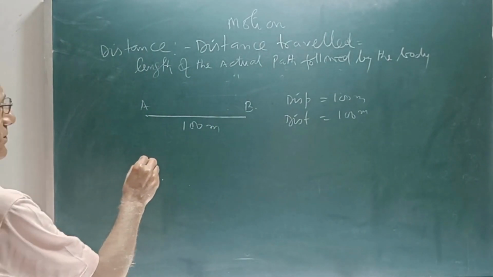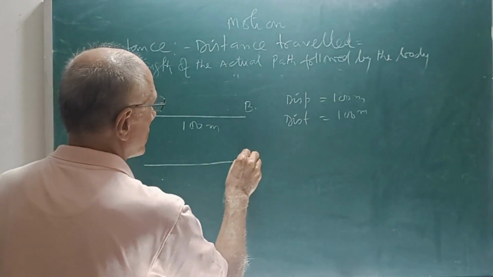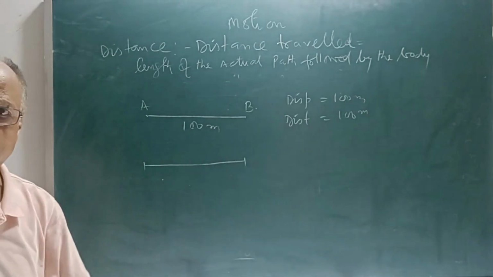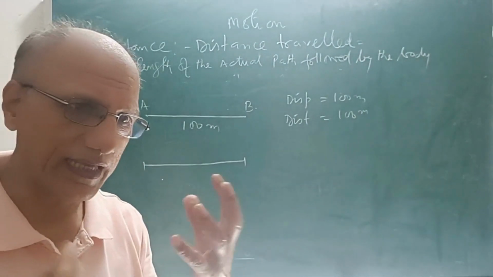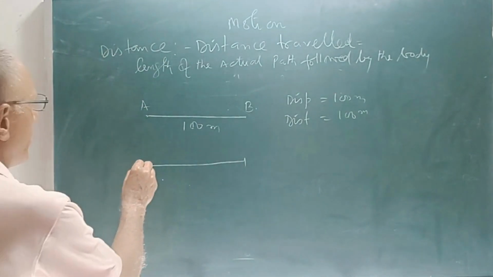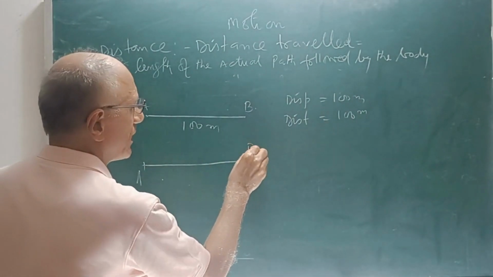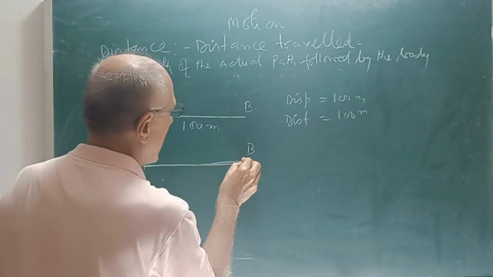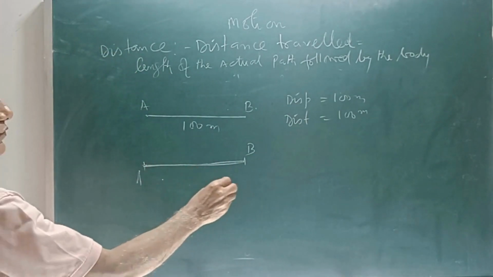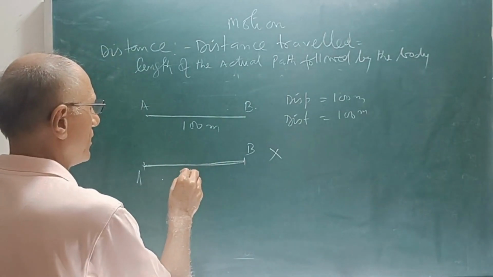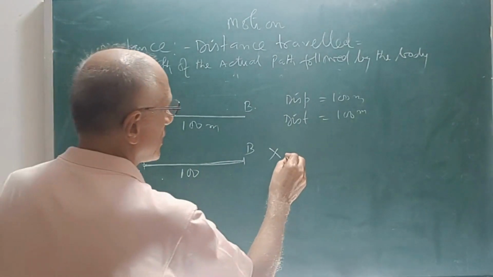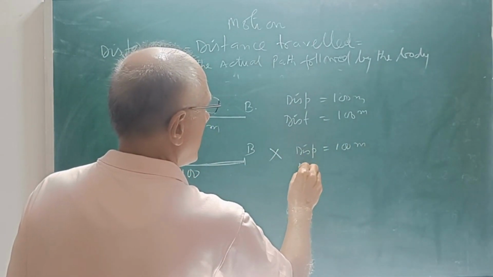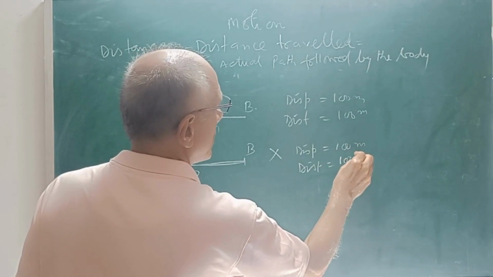Now another example, there are two students playing in a ground and they say, let's go to B. The first one, x, moves in this way, it is again 100 meter. So the displacement of x is 100 meter and distance is also 100 meter.